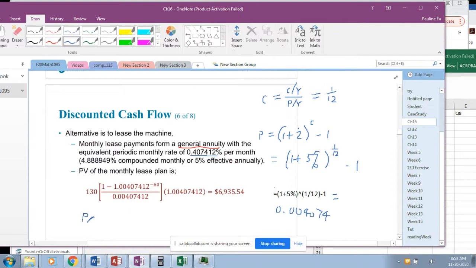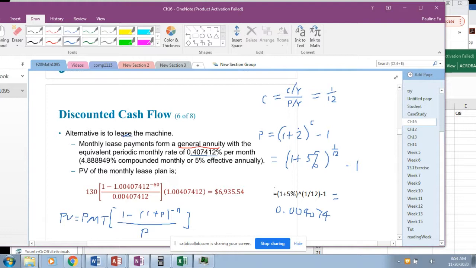So it is PMT, present value PV, equals PMT times 1 minus 1 plus P raised to power negative N, over P. So that is the present value. Okay. So far we did the present value for leasing.